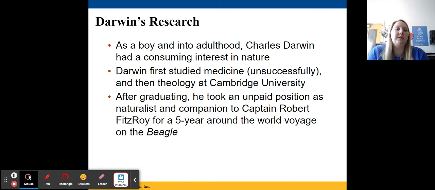As a boy and into his adulthood, Charles Darwin, who went by the name of Chuck, had a consuming interest in nature. He first studied medicine at Cambridge University, the same university where 100 years later we discovered the structure of DNA. He was unsuccessful at medicine, so then he studied theology.